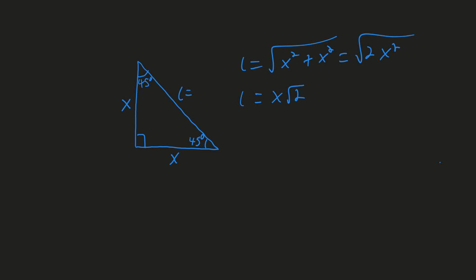So c is equal to the x square root of 2. So that's actually where it comes from. So this is going to be important for us. If I know this side, right, then all I have to do is multiply by the square root of 2, and I have found my hypotenuse. Now, what if I knew my side over here?